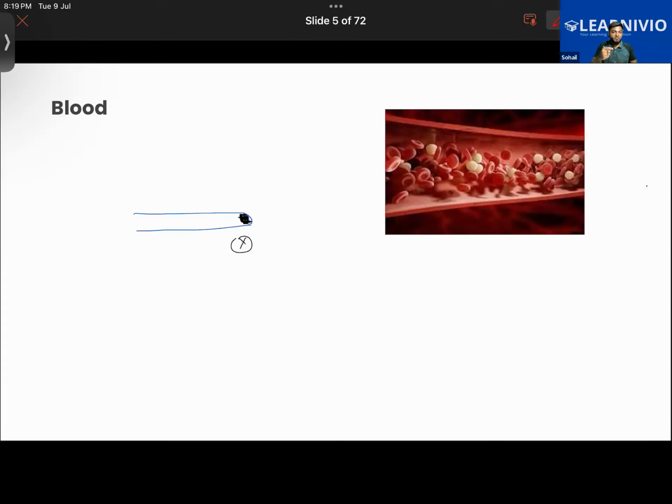Because at that time, if your body loses heat, will it be good or bad for you in the winters? Bad. Obviously, it will be bad, no? So at that time, why is our body surface cold? The reason is that the increased flow of blood is taking place towards the organs deep inside our body. But in the summer season, or when you are doing some intense workout, your body generates too much heat.